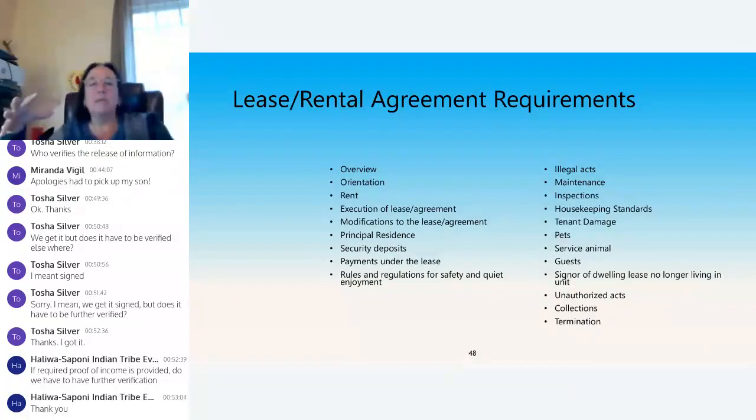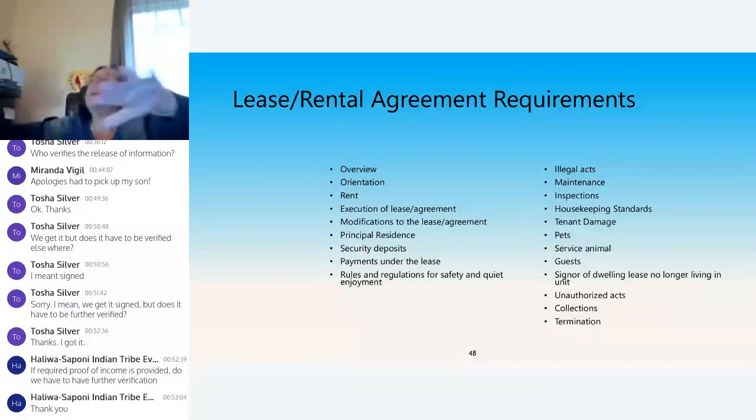So your lease, your rental agreement, the requirements: overview, orientation, rent, execution of lease agreement, modifications to the lease agreement, principal residence, security deposits, payments under the lease, rules and regulations for safety and quiet enjoyment. You have to provide for peaceful enjoyment of the premises, which means if they're acting up and having parties, they could be disturbing the neighbors on the other side of them.